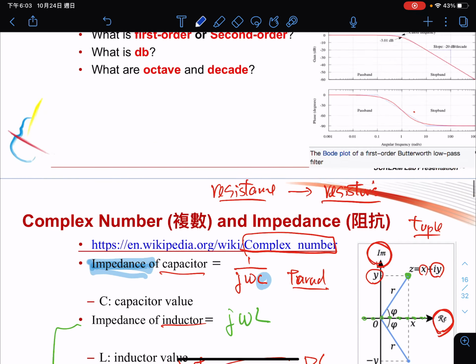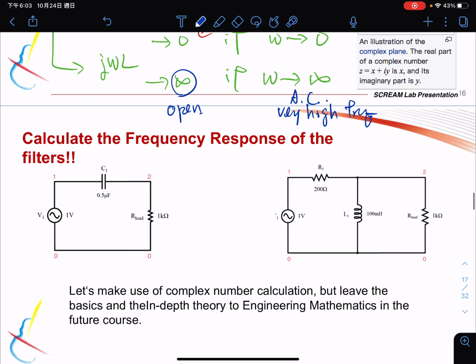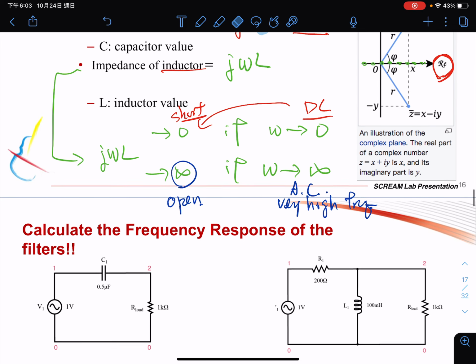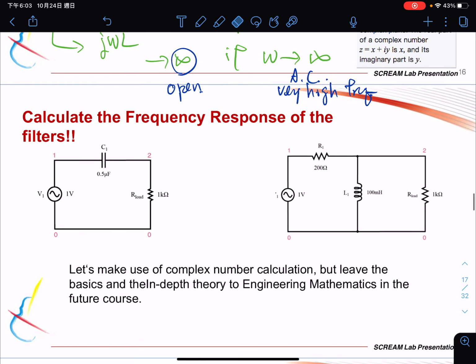Since we are talking about filters, we need to find out how to use the capacitor and the inductor as elements of a filter. The value of the impedance of the capacitor and the inductor varies with respect to the frequency, and we apply this property to design the filter. Let me first show you this one, the left-hand side one.